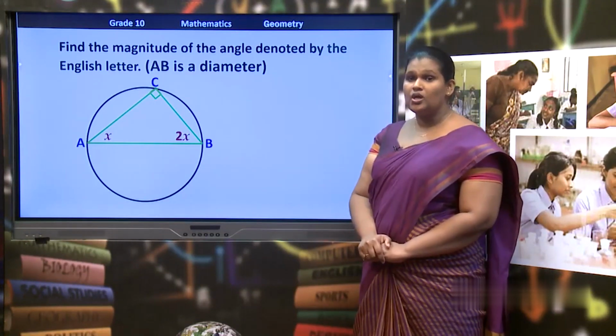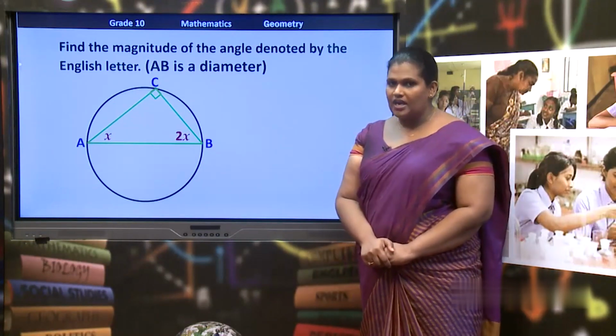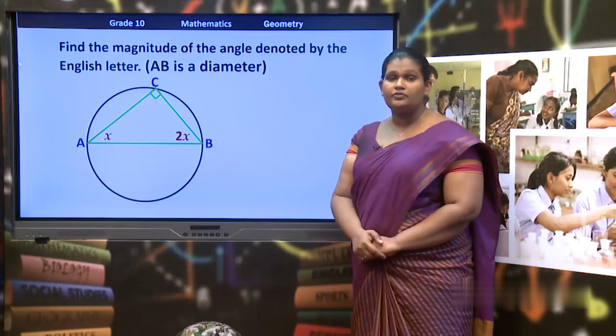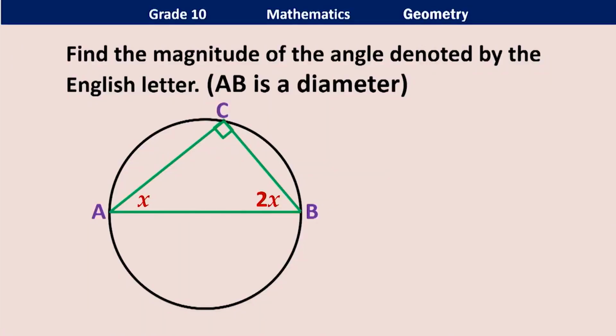Once again, we know the sum of the interior angles of a triangle is 180 degrees. So, when we get the sum of these 3 angles, it should be equal to 180 degrees. Since angle ACB is equal to 90 degrees, I can say x plus 2x is equal to 90 degrees.